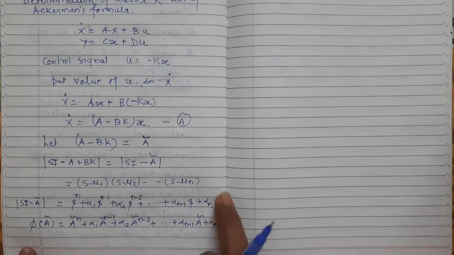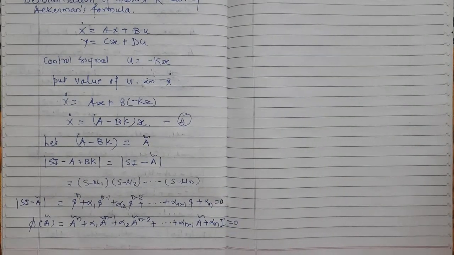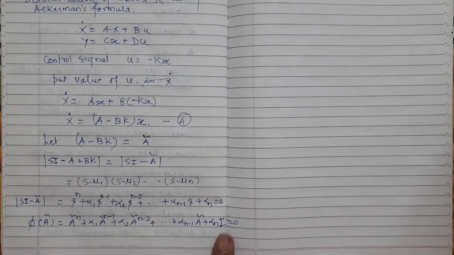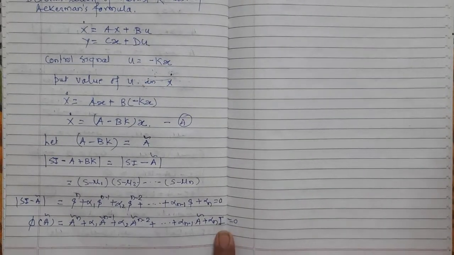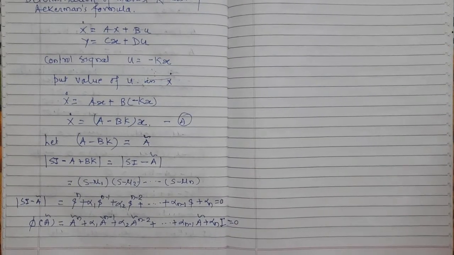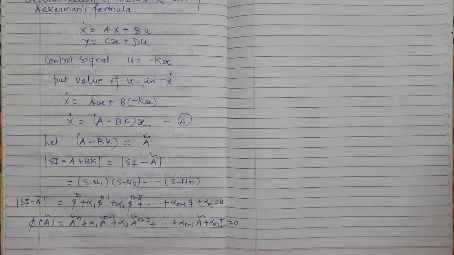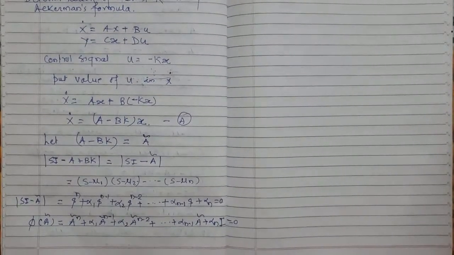This we have to multiply by I, because alpha n is a constant and all other terms are in matrix form, so we have to multiply it by the identity matrix I, equal to 0. So now we have this equation.